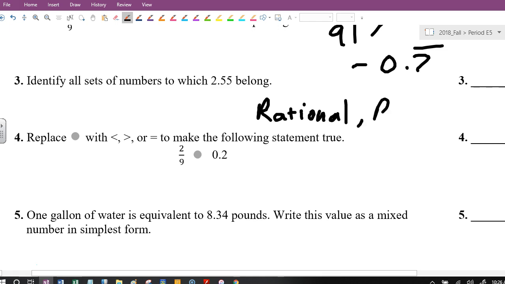It's rational because you could convert it into a fraction. You can turn this into a fraction with integers in the numerator and denominator. You could do 255 over 100. Right.